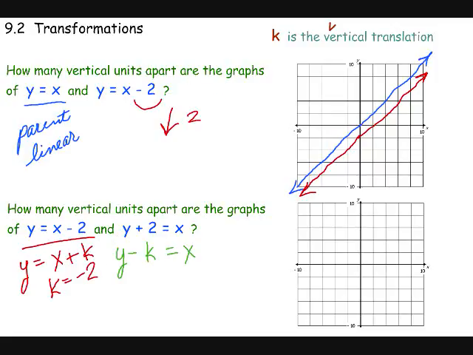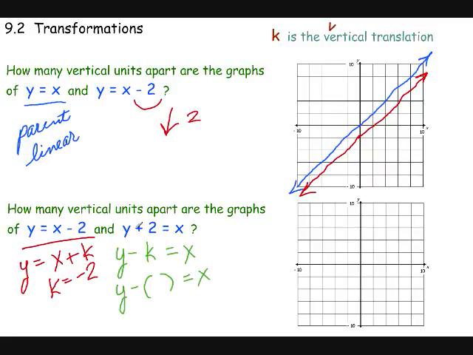For the second one I'm trying to consider, back to green, I'm looking at a different version of the linear, not written in functional notation, but y minus k equals x. What would my k be here?